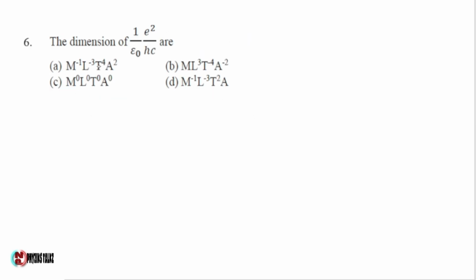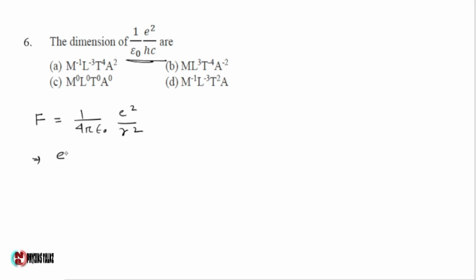Next question. The dimensional formula of 1 by epsilon naught e square by hc, r. Now we all know the force between two electrons at a distance r is given by Coulomb's law, 1 by 4 pi epsilon naught e square by r square.